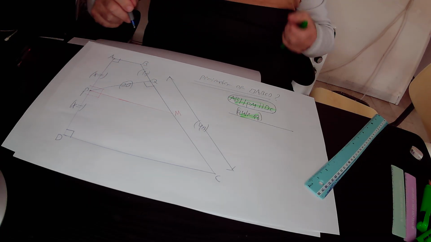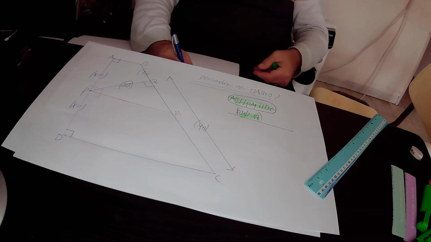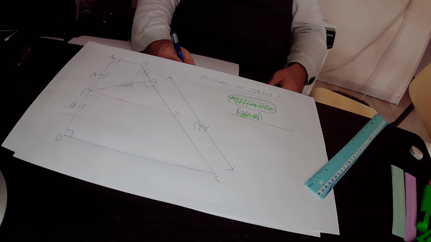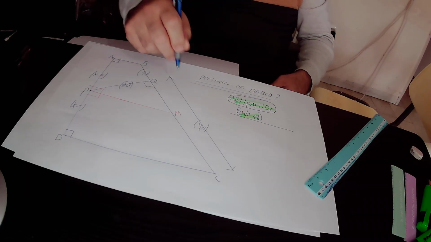The relationship is as follows. AP over PD equals BM over MC.